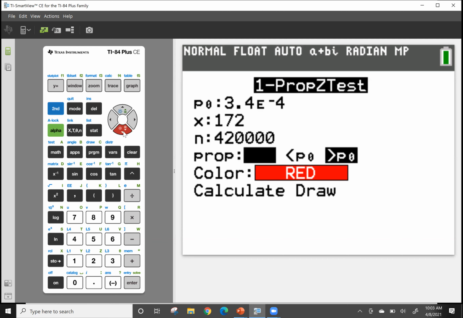Since my alternative hypothesis was greater than, it is a right-tailed test, which I already have highlighted, and we're going to calculate. Okay, what's my p-value? My p-value is 0.007.